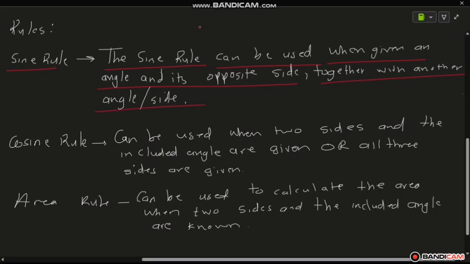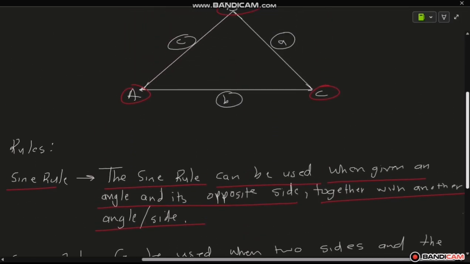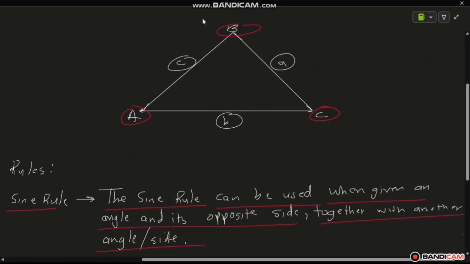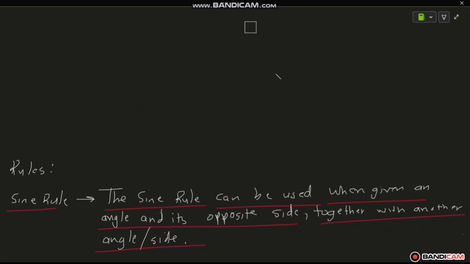Meaning you must be given an angle and its opposite side together with another angle or side in a triangle. So I'll try to explain this in a triangle. Let me just erase this one and draw a new one.